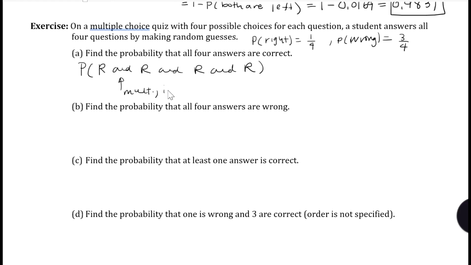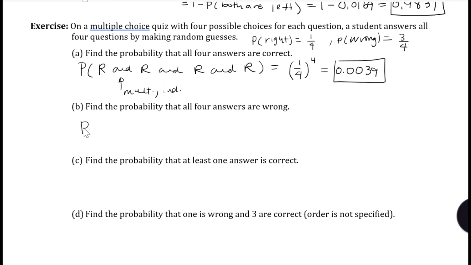It's not going to. Okay, so they're independent. So this is going to be 1/4 times 1/4 times 1/4 times 1/4, or 1/4 to the 4th power, which is 0.0039.